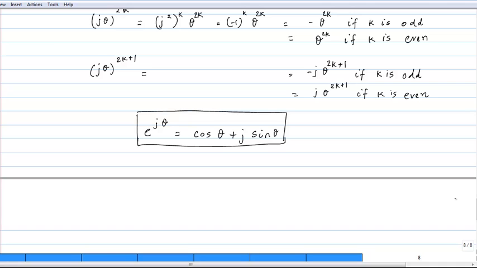If you have e raised to 5, there is a natural meaning: multiplying e with itself 5 times. But e raised to j5 does not have a natural meaning. What is the meaning of e raised to j5?